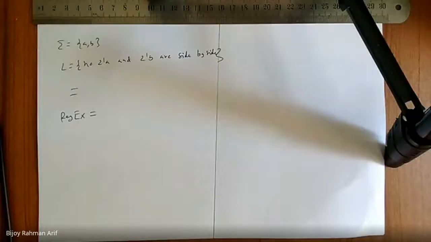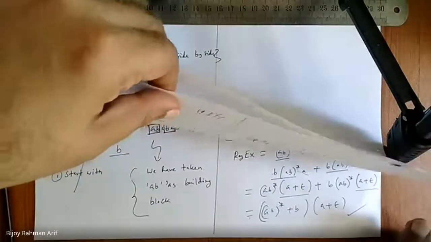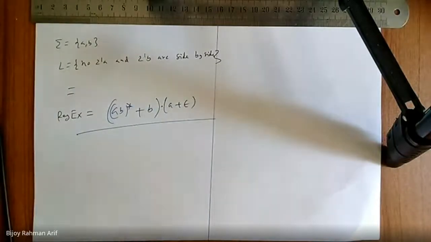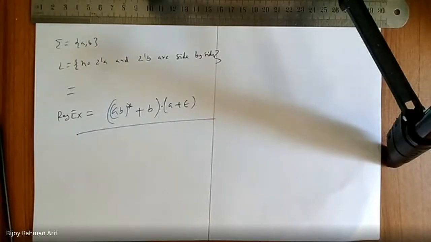AB AB, yes, AB AB AB, okay. What is that? AB, see the solution then tell me. AB star plus B union. আচ্ছা. Dot, good. Continued, concatenated with A union epsilon, good.